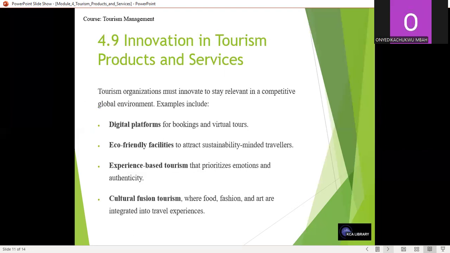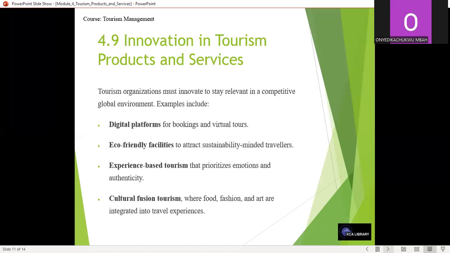Now, in this next slide, we're talking about innovation in tourism products and services. Tourism organizations must innovate to stay relevant in a competitive global environment. Examples include digital platforms, eco-friendly facilities, experience-based tourism, and cultural fusion tourism.